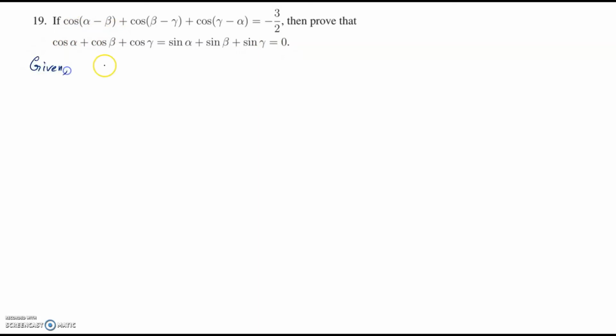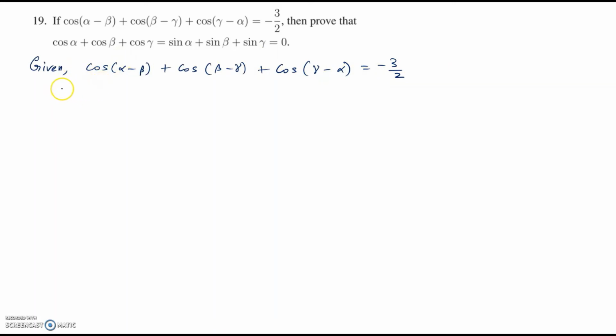Given cos(alpha minus beta) plus cos(beta minus gamma) plus cos(gamma minus alpha) is equal to minus 3 by 2. So let's bring the 2 to the side.